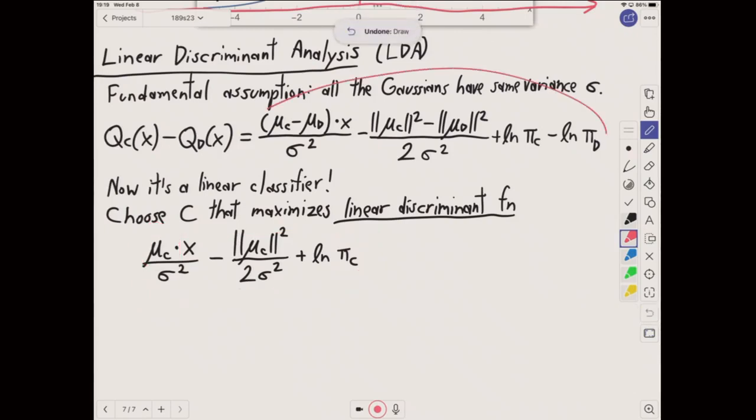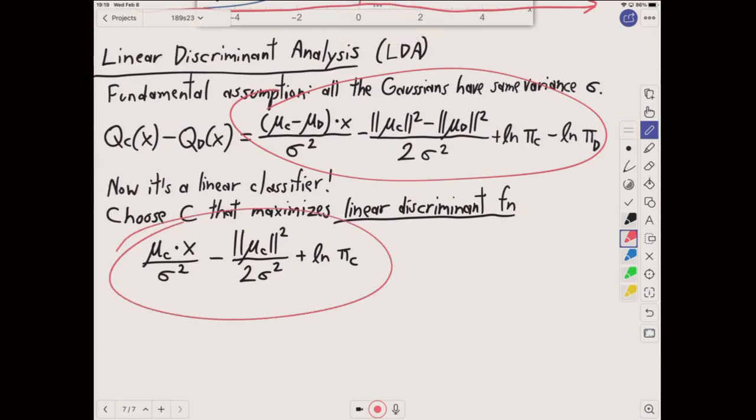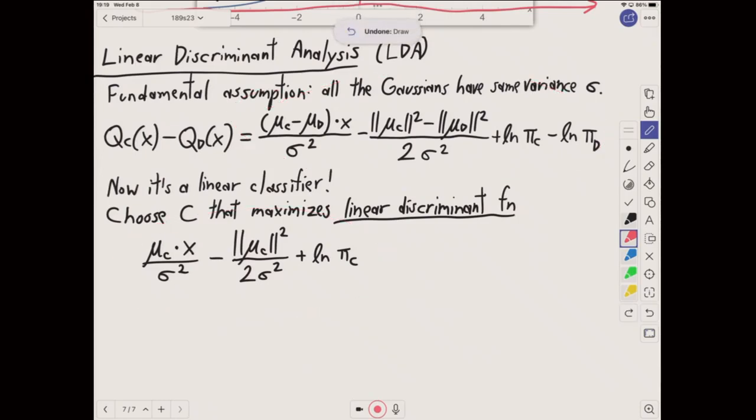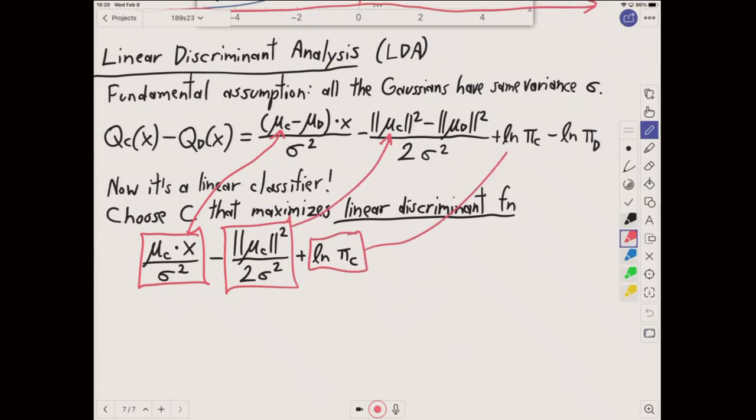Now, why does that work? Well, I started with this, and I went to here. But in the 2-class example, you can see that this term for c is going here, this term for mu c squared is going here, and this term is going here. Then if I have the equivalent 3 terms for class D, they go here, here, and here.